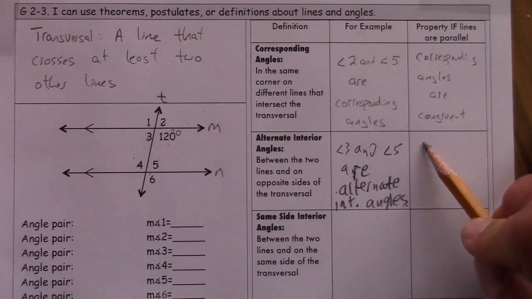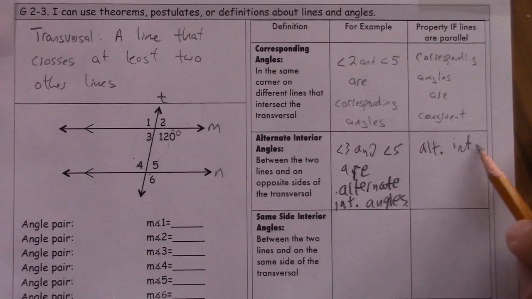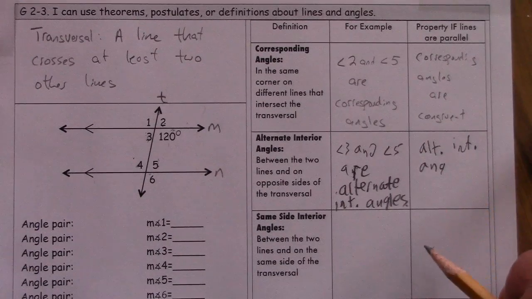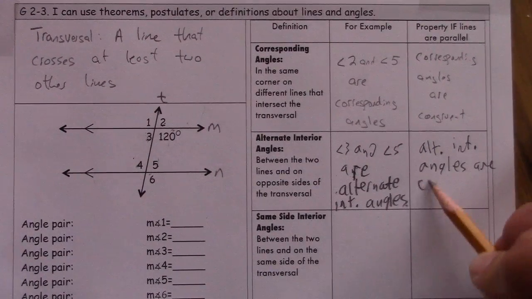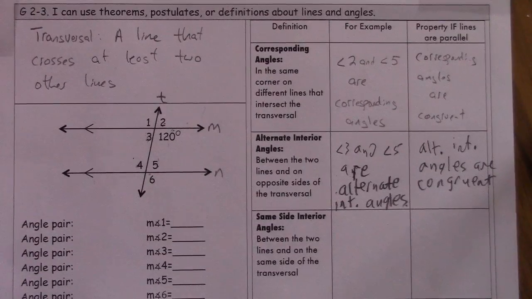If those two lines are parallel, alternate interior angles are congruent. What's congruent mean again? Exactly the same, the same measure. So they're the exact same angle measure.